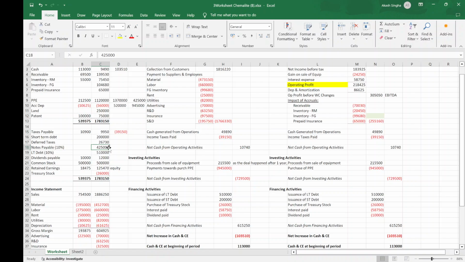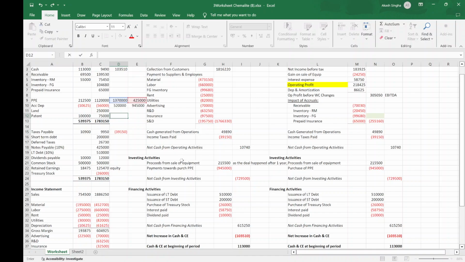So the difference is what we have paid, right? So adding those two will be 137,000, this one, and minus 42500 is 94,500, that is payment towards the PPE.